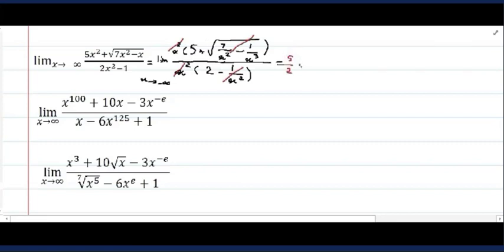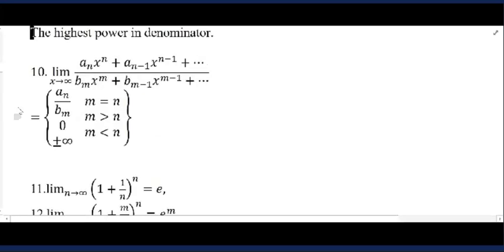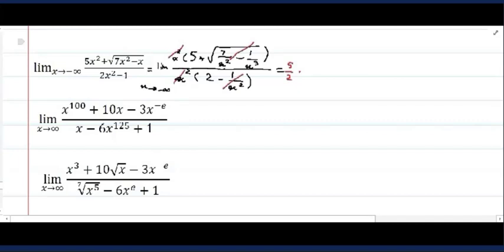Even if I was using the direct formula, if the degrees of the denominator and numerator are equal, it is just the ratio of the coefficients. If I wanted to use number 10, as the largest degree is 2, I should just divide the coefficients of x^2, so just 5 over 2.